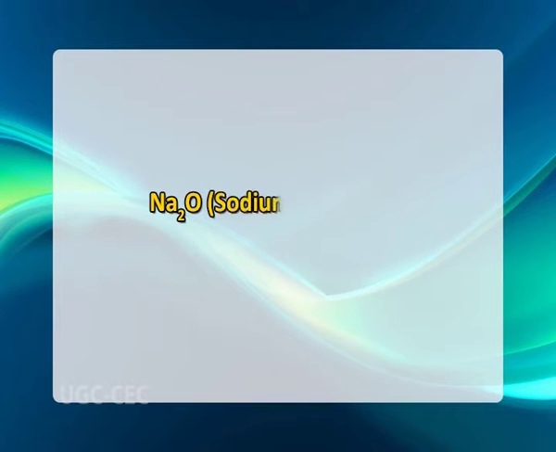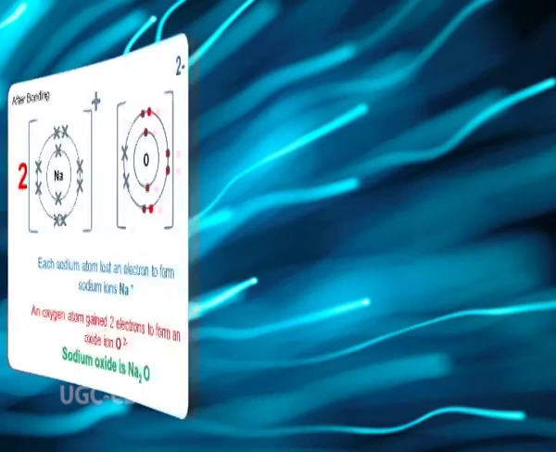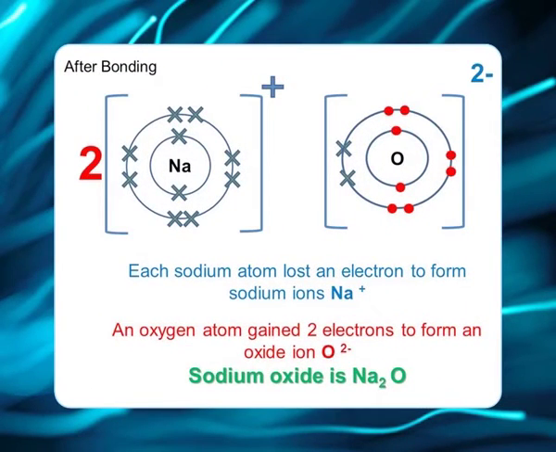The second example that can be taken is that of sodium oxide, Na2O. In the formation of sodium oxide, each sodium atom loses one electron and oxygen gains 2 electrons.